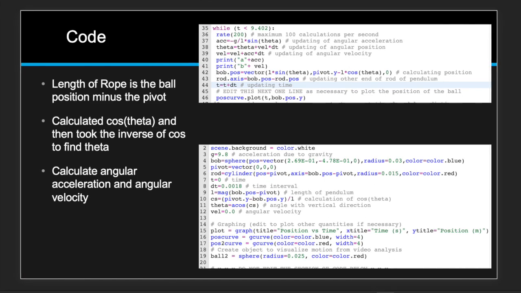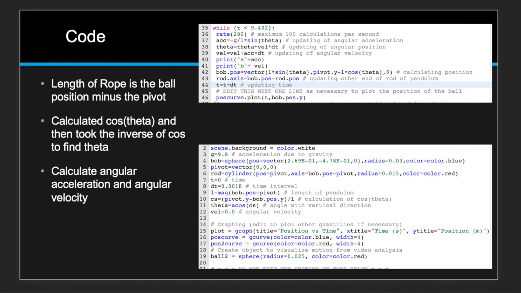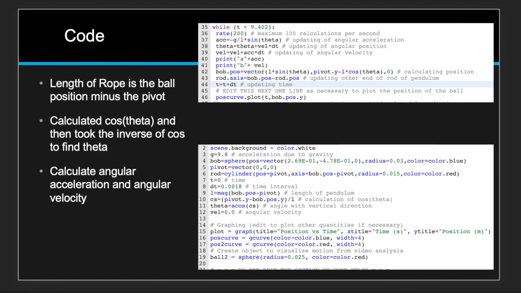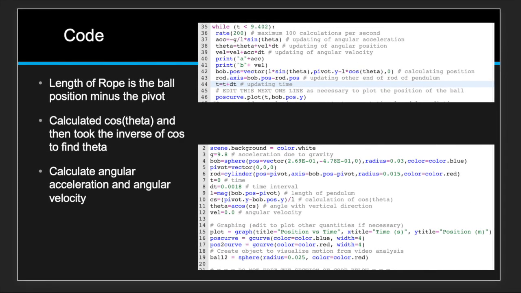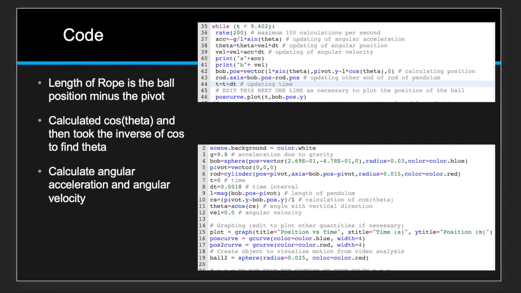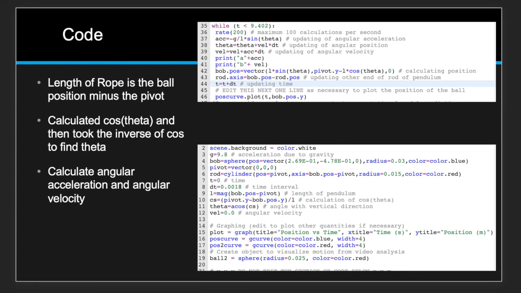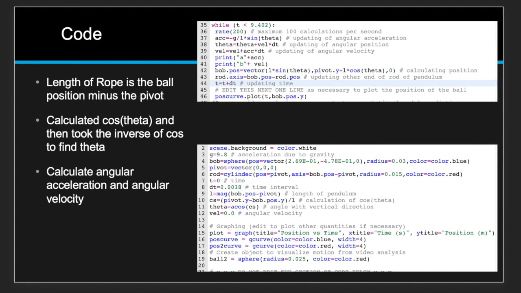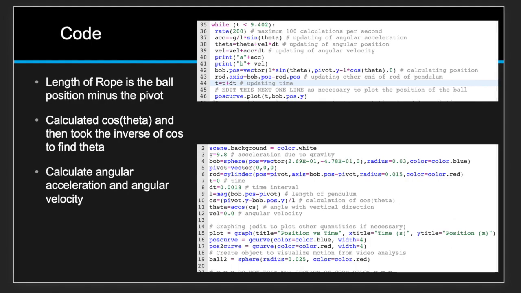And then the initial time was 0, and then dt was 0.0018, as I said earlier. And then the length of the string was the magnitude of the initial position of the object subtracted from the position of the origin, which is pivot.